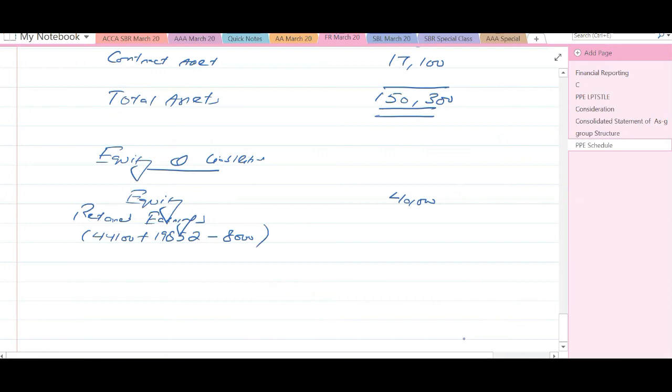So 44,100 plus 19,852 minus 8,000 gives 55,952. It gives you total equity of 95,952.